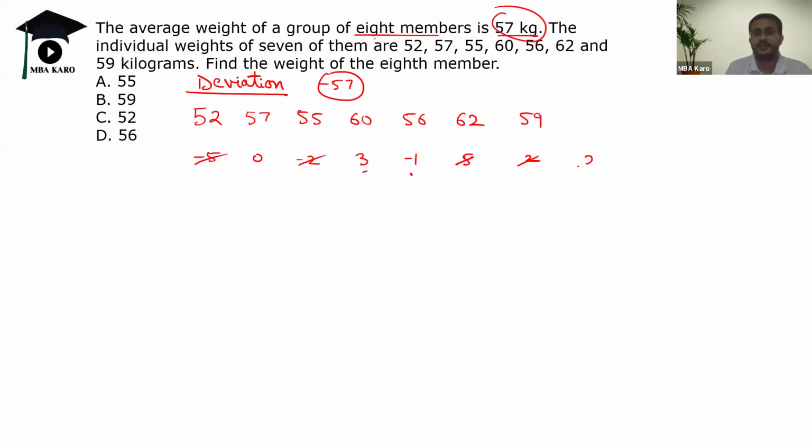What are we getting the deviation as? 2, right? We are getting the deviation as 2, but the deviation should be 0. We need to get 0. So that means that number x should give deviation of minus 2. So that means x is equal to 55. Because we said the sum of deviations in an average is 0. So that is why the number is 55. That is one trick.